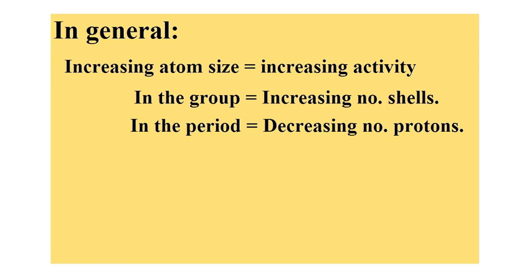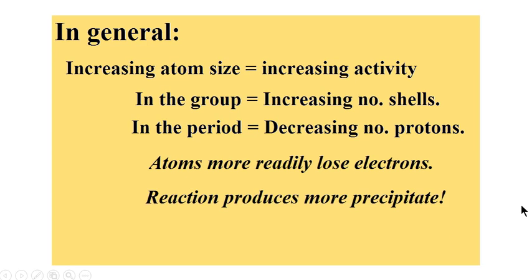And across a period, it's easier to remove electrons as we move to the left because there are fewer protons holding on to those electrons. And so that atom size increase means that the atom and the element is going to be much more reactive. And if it's more reactive, it should produce more precipitate during a chemical reaction.